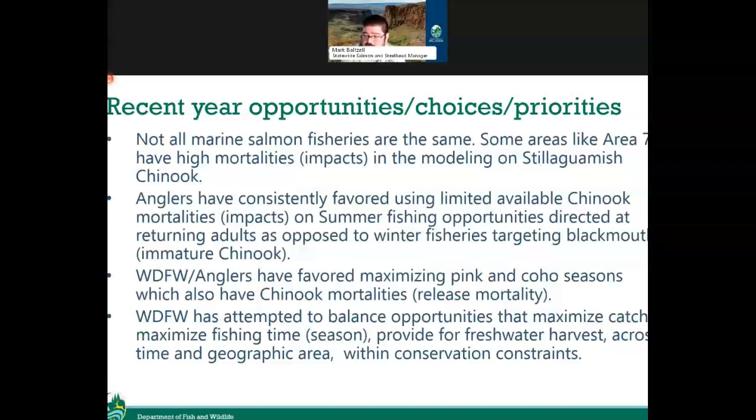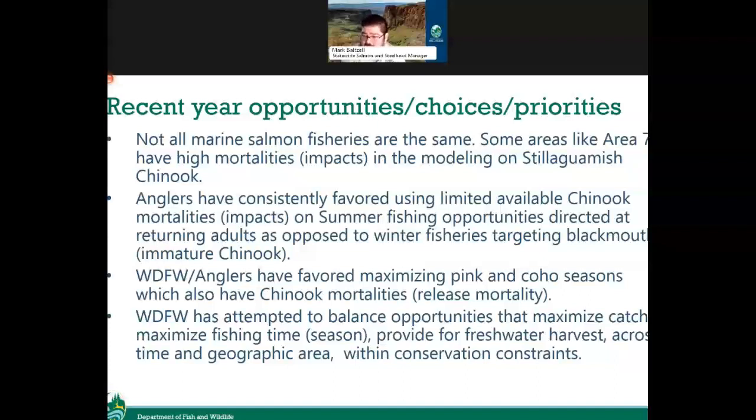Also, as we've struggled or had to shape these fisheries to meet these updated management objectives, we knew that we had to make some tough choices on fishing opportunities. We heard from our angling public and through a number of North of Falcon processes that folks favored summer fishing opportunities directed at returning adults, as opposed to winter fisheries targeting blackmouth.